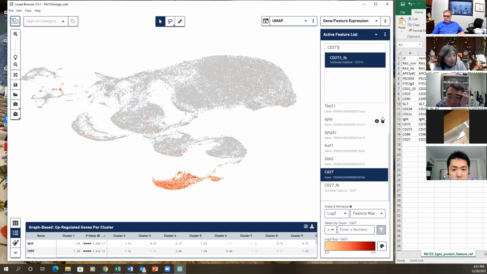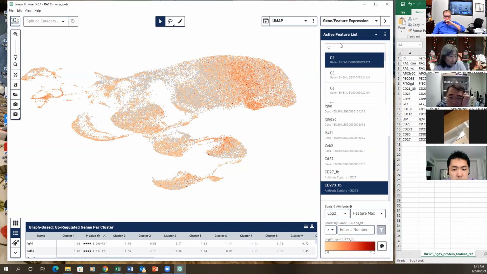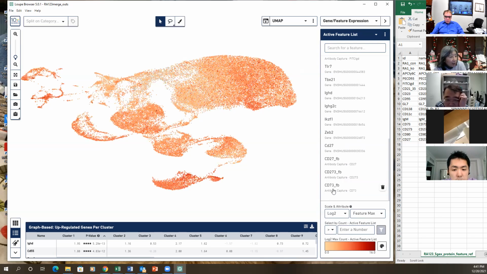Right, 73, yes, that's one marker. This is not a good marker, I think. Try CD73. I feel that's a good marker. But no, it sort of did something. It's right here, so it's different. When I analyzed, I feel that's not a good marker, 73.